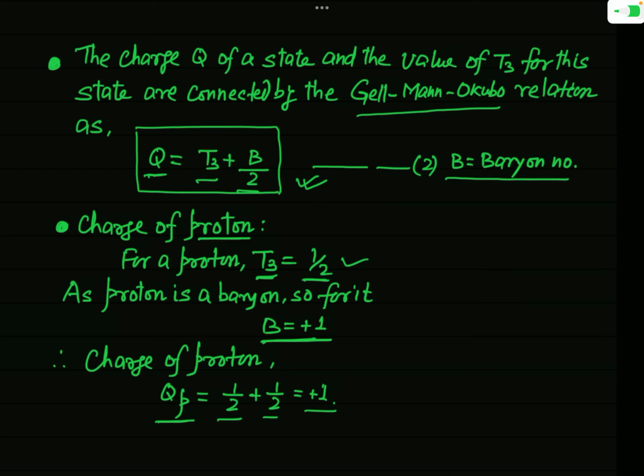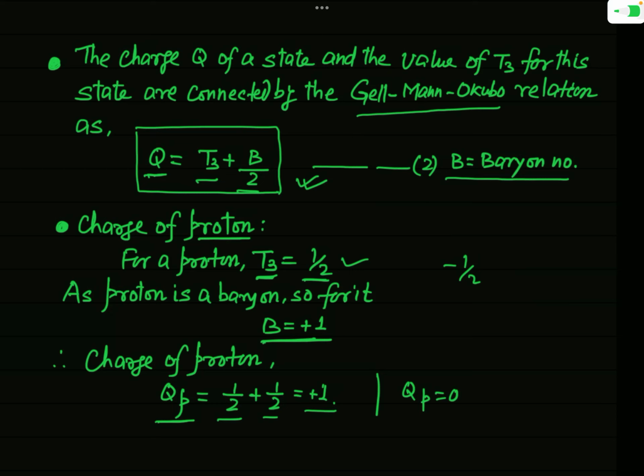But if you consider that T3 is equal to minus half for a proton, in that condition the charge of a proton will be equal to 0. It is not wrong. Although conventionally we always consider that a proton has a positive charge and a neutron has no charge, this is just a convention.